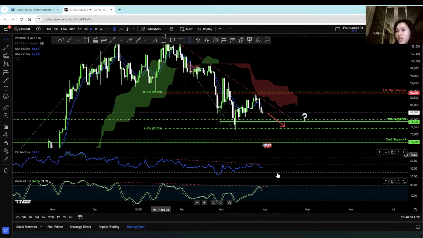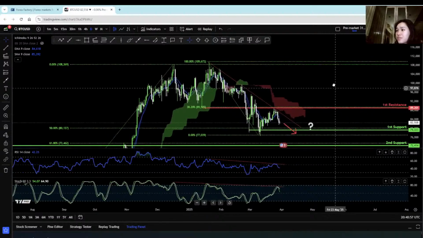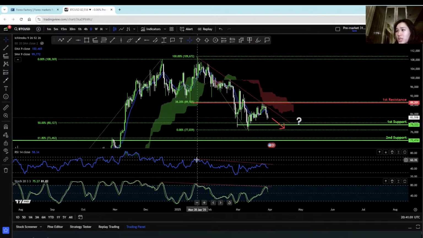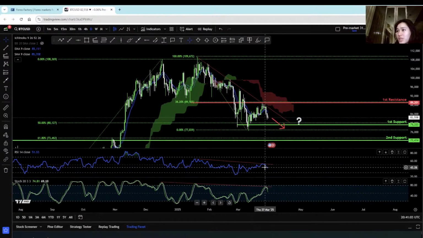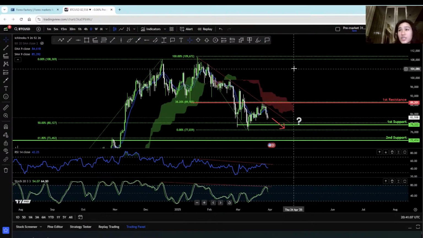We have a descending trend line on the RSI as well. So that's all good, supports our analysis, and it also is in line with price currently, since it is also moving in a descending trend line.